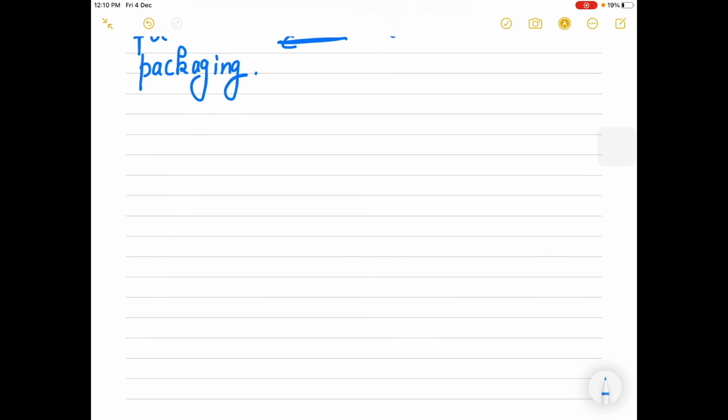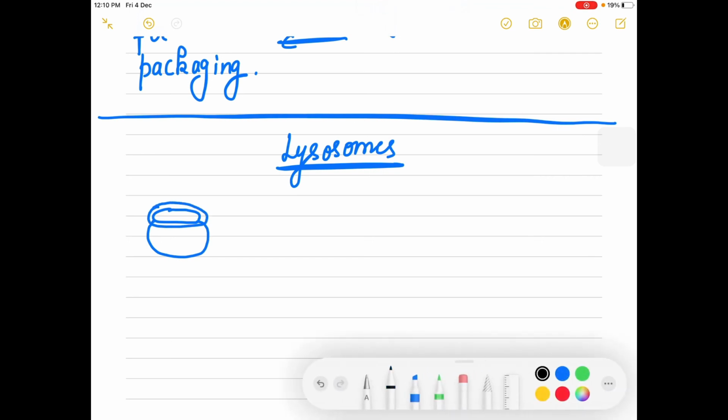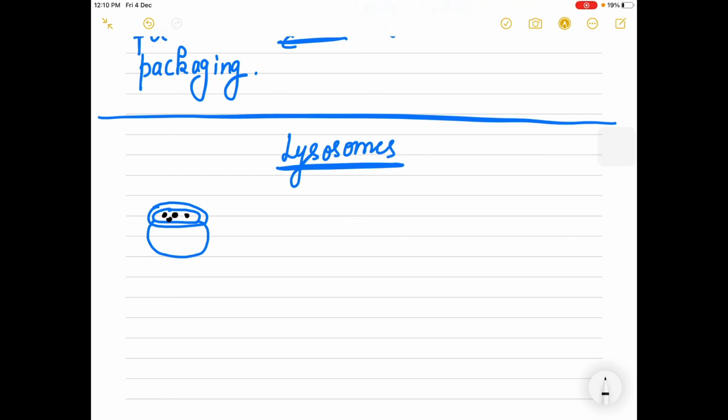The last thing, as I discussed last time also, lysosomes, and in the lysosomes we said they are the suicidal bags. So as you see, this is the structure of a lysosome, which has digestive enzymes with it.